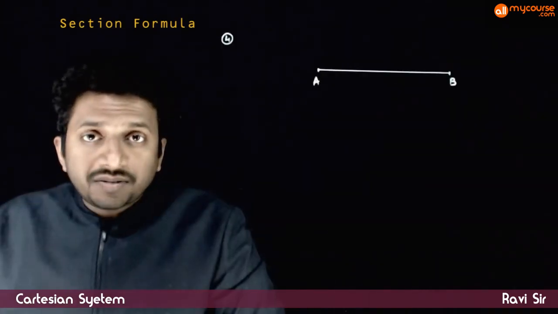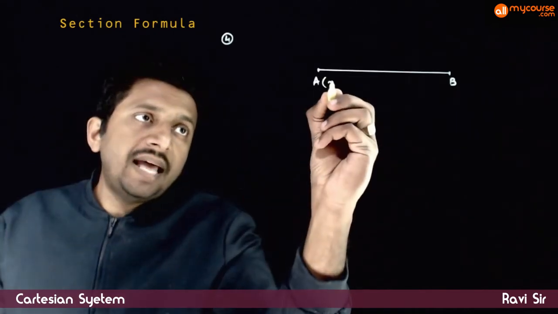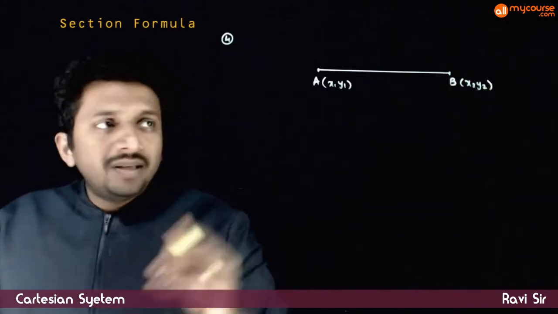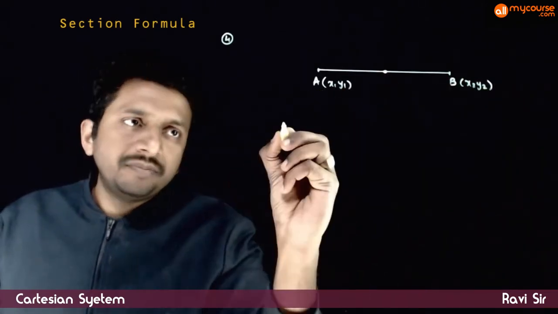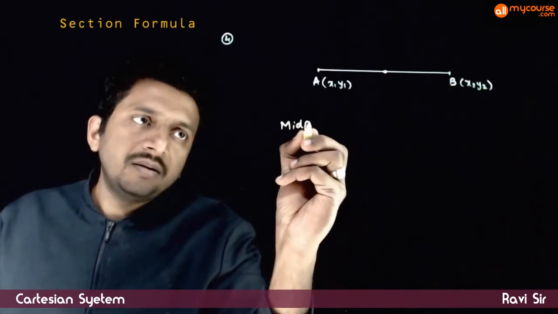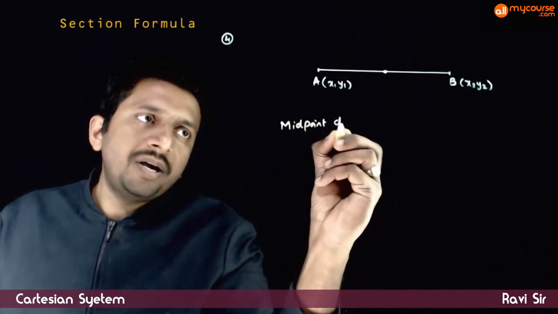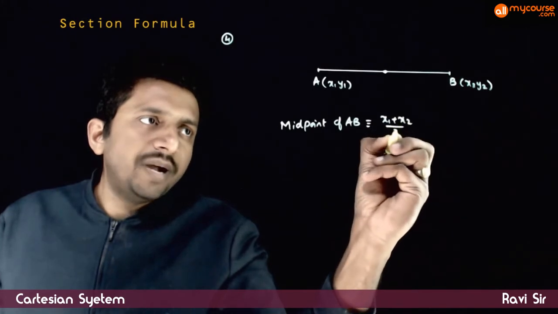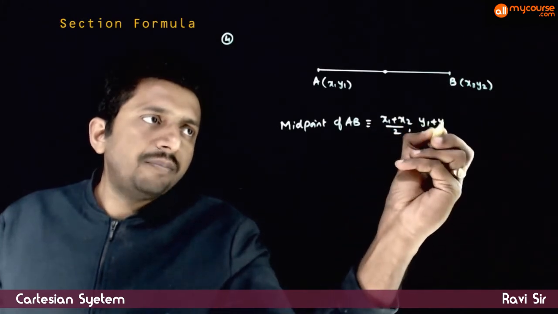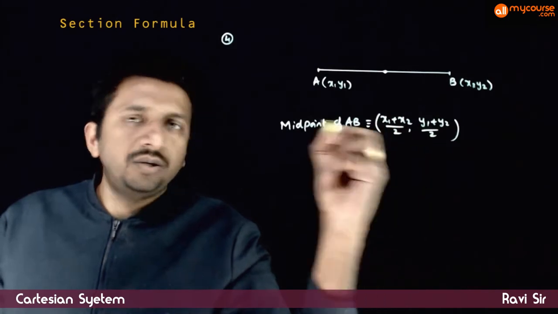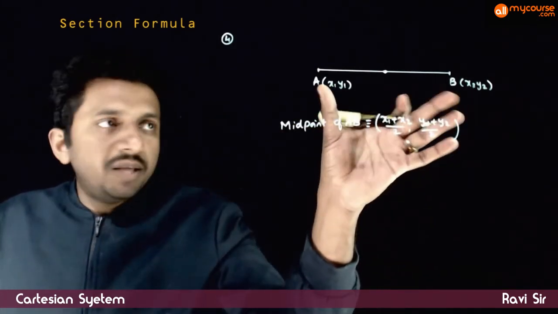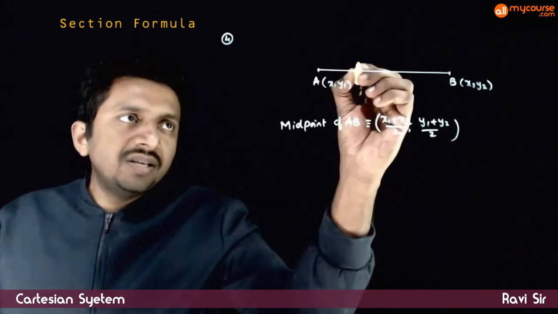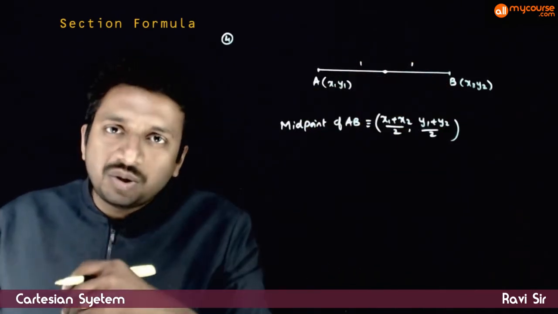So the next point is that if you have a line segment AB, x1, y1 and x2, y2, the midpoint of AB is given by x1 plus x2 by 2 and y1 plus y2 by 2, because the ratio is just 1:1.